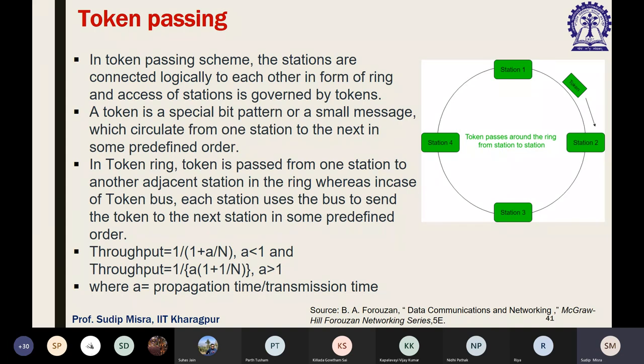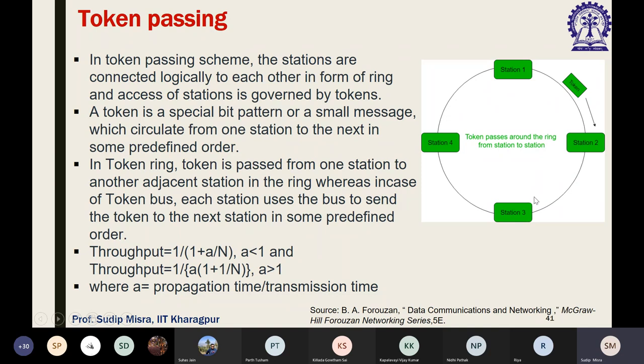So you have a ring kind of network, and a token is sent from one of the stations, right? The token passes around the ring from station to station. Whichever station has some frame to send gets hold of that token, puts the data into it, and then sends it across.